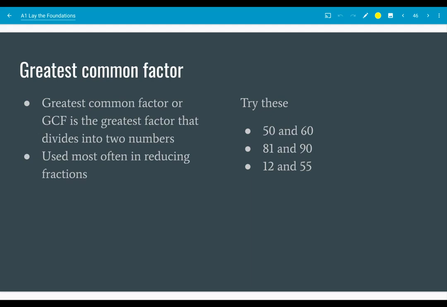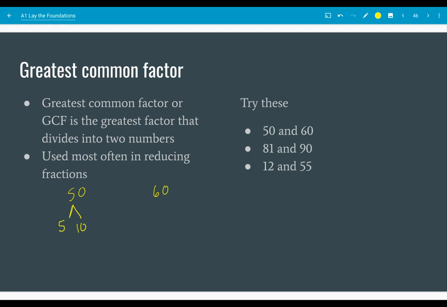Okay, next thing we're going to look at is the greatest common factor. Our greatest common factor is the largest factor that divides into the two numbers, right? We're used to doing this when it comes to reducing fractions, making things smaller. So if we start at 50 and 60, because it ends in a 0, I'm going to start with 5.